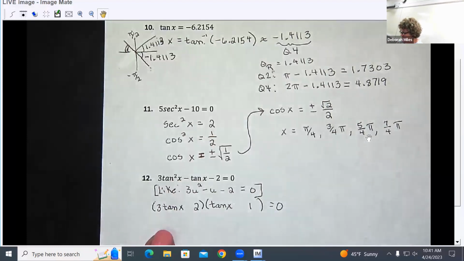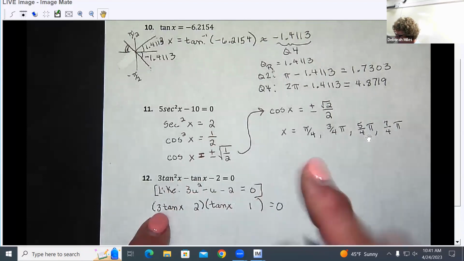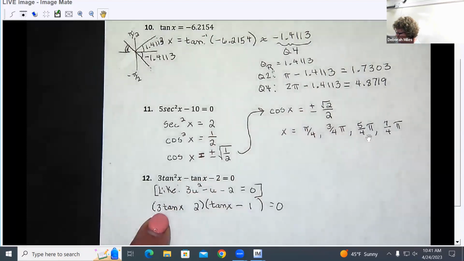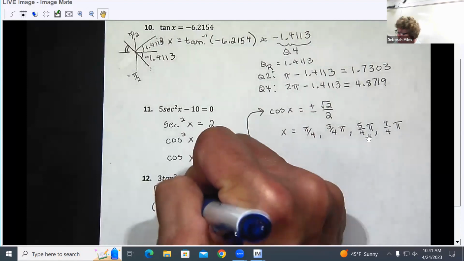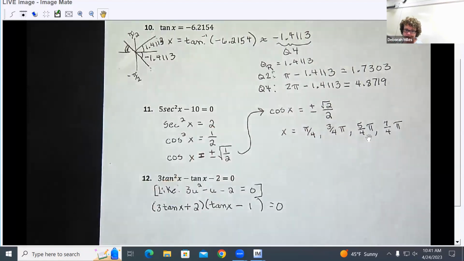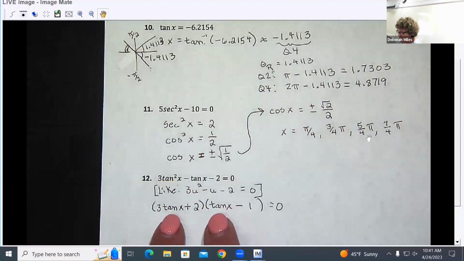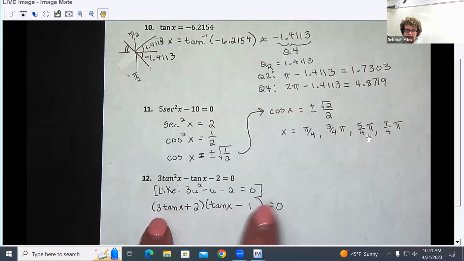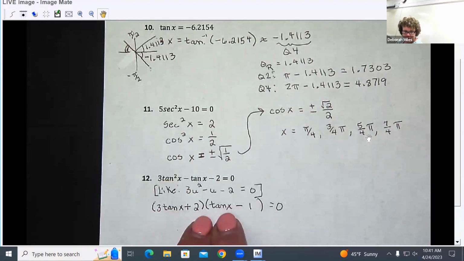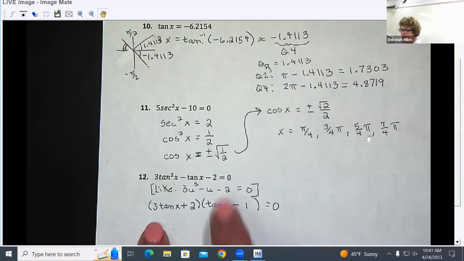And to get a negative tangent, I want the outer terms to be negative. I want the 3 tangent to be negative and the 2 tangent to be positive. And then I never, ever, ever go any further until I check my factoring. Sure enough, that gives me 3 tangent squared minus 3 tangent plus 2 tangent. That's negative 1 tangent. And then positive 2 times negative 1 is negative 2. So I'm sure that I have factored that correctly.